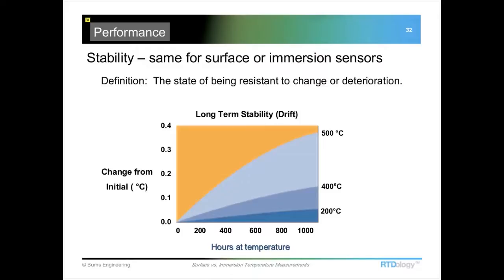And as you can see, down where probably a lot of temperature measurements are made, drift with an RTD is really pretty minimal. As you go up in temperature, it does increase quite dramatically. And I guess the same would hold true for thermocouples. At the higher temperatures, they are going to tend to drift faster than at temperatures closer to ambient conditions.